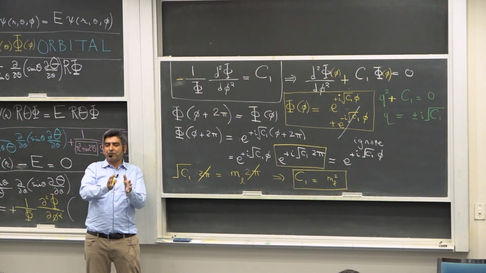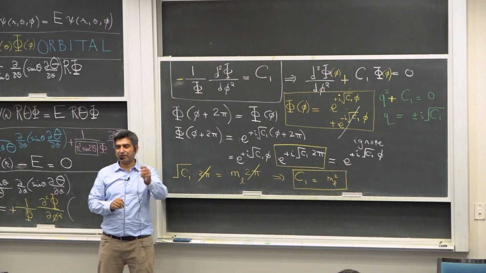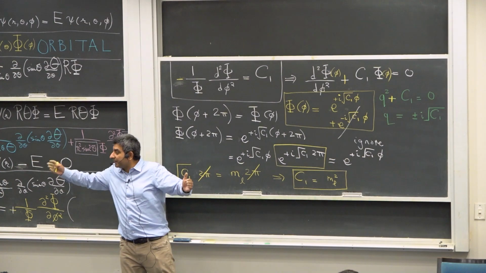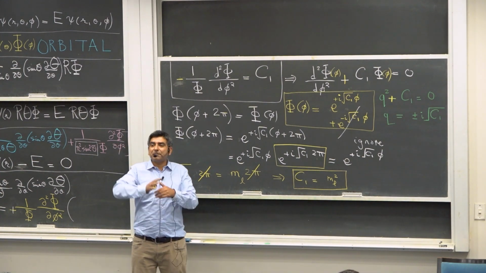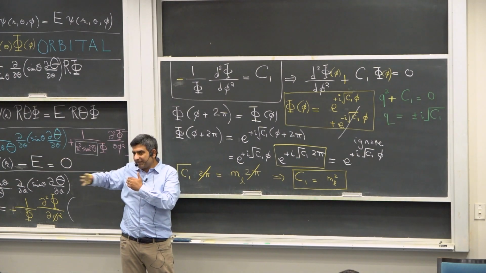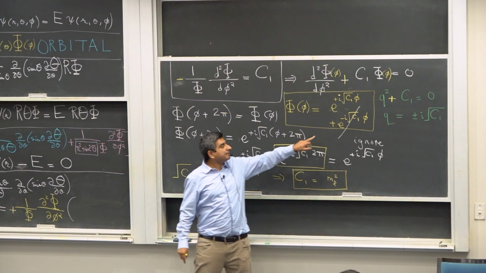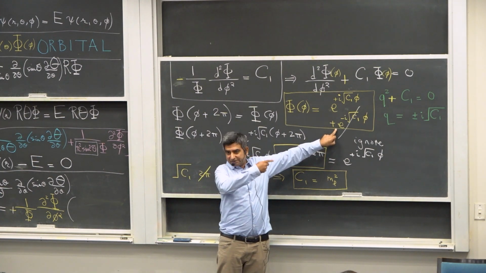C1 is the square of an integer. The integer could be 0, it could be 1, 2, 3, 4, minus 1, minus 2, minus 3. And since it could be a negative integer, this negative case subsumes this case, which means it works also for this term.